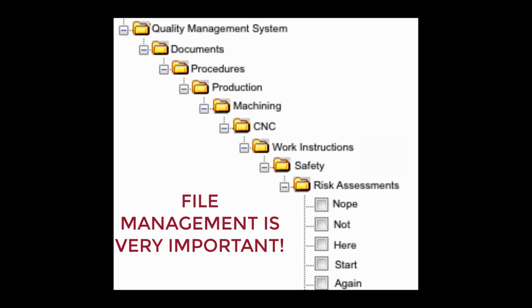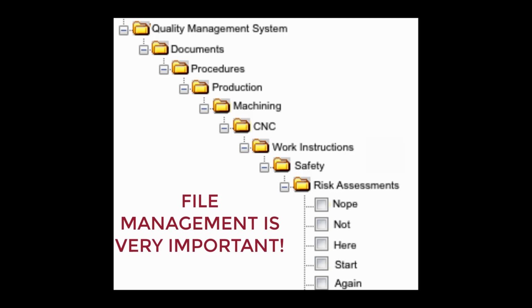How does this happen? One is how you name the files. They need to make sense. Two is where they are located and how they are set up. As you can see on the screen, this particular company has a process for filing their projects or their product.